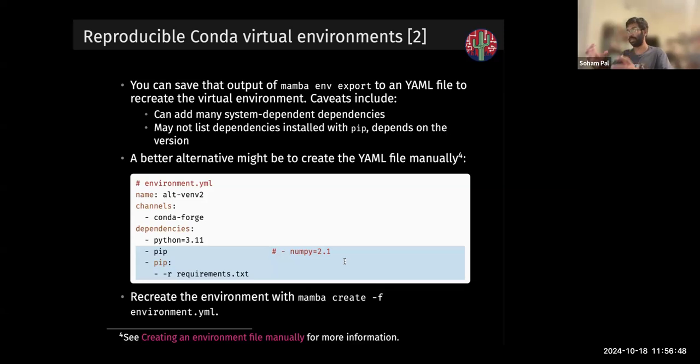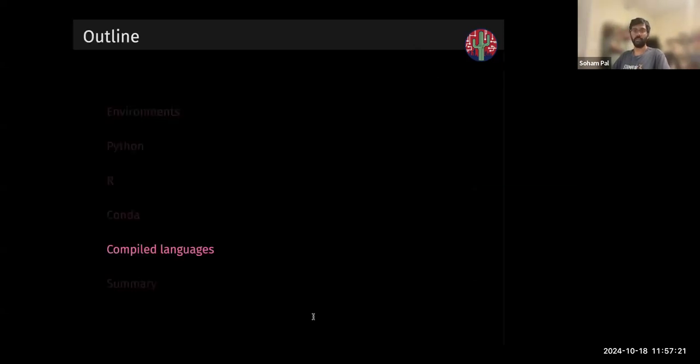But if you'd like to install with pip, then there is the option to do so. Okay, but anyways, the main idea is that you first make this file, and then you can create your virtual environment and install the packages with mamba create -f. So that's the basic idea here, and I think we are very close to the end.